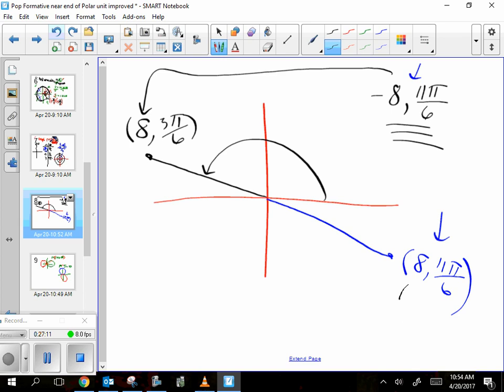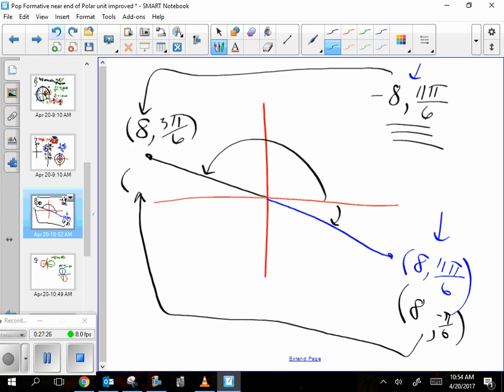Then I could say this another way and say it's 8 comma negative pi over 6. Do you get how I got that? And now if I want to transport it over here, I got to call it -8 comma negative pi over 6. What I just did there?